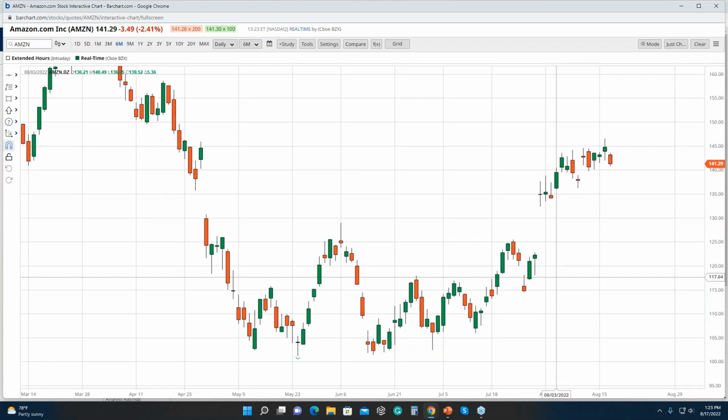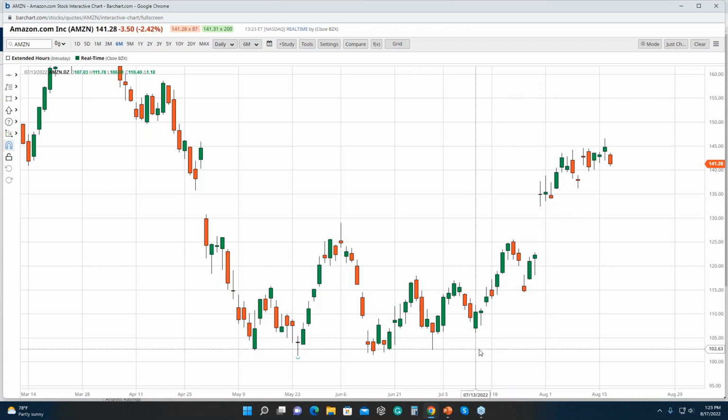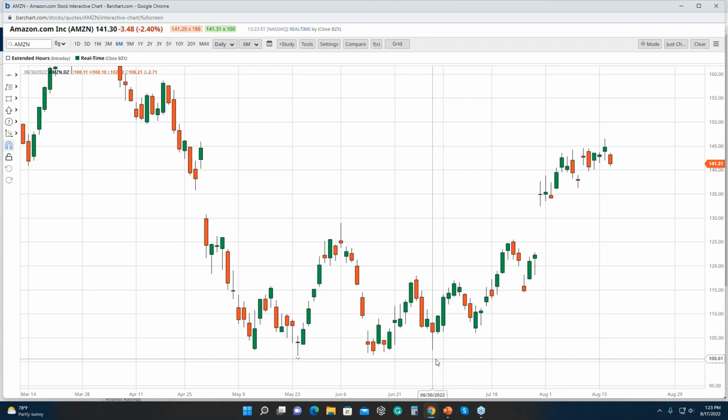All right, so what do we see in terms of trend analysis? Well, again, how do we define trends? How do we define an uptrend? An uptrend is defined by a series of higher lows and higher highs. And certainly this looks like the market is in an uptrend.